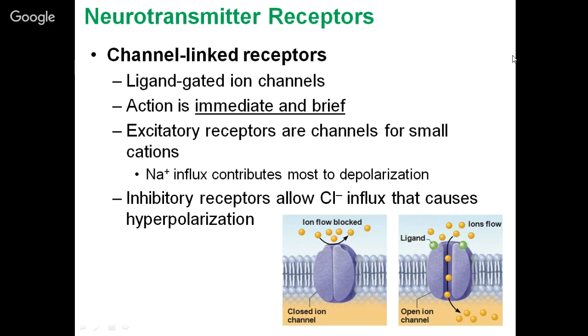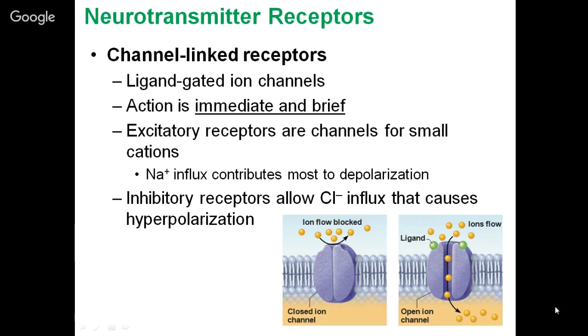Now we have discussed the neurotransmitter types, and it's time to discuss the receptors. The receptors are either channel-linked receptors, which are ligand-gated ion channels. The action is immediate and brief.